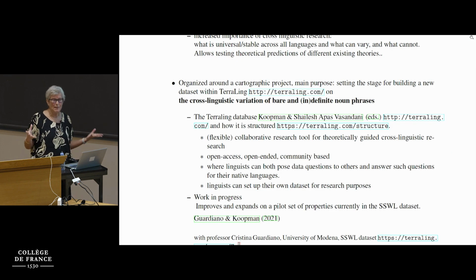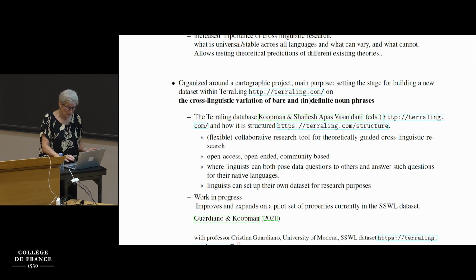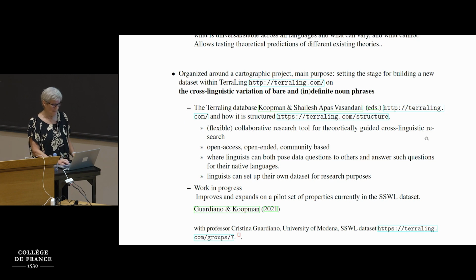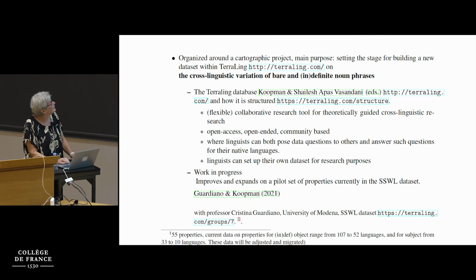This database application basically allows you to set up a data set in a very easy way. So what the database tries to do is be a flexible, collaborative research tool for theoretically guided cross-linguistic research.